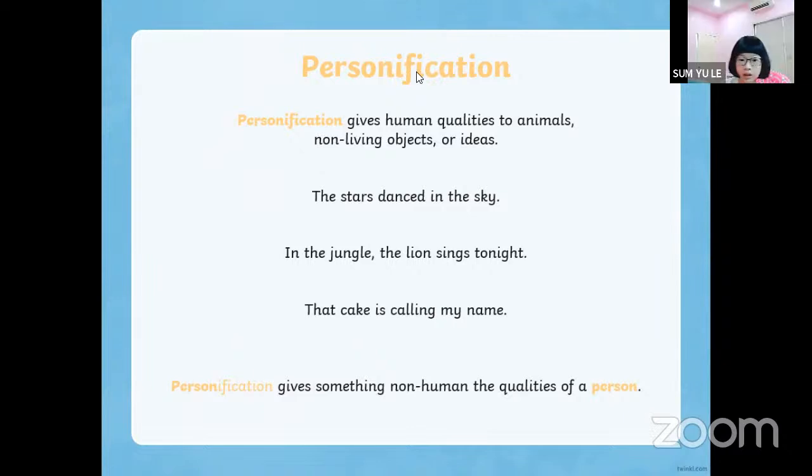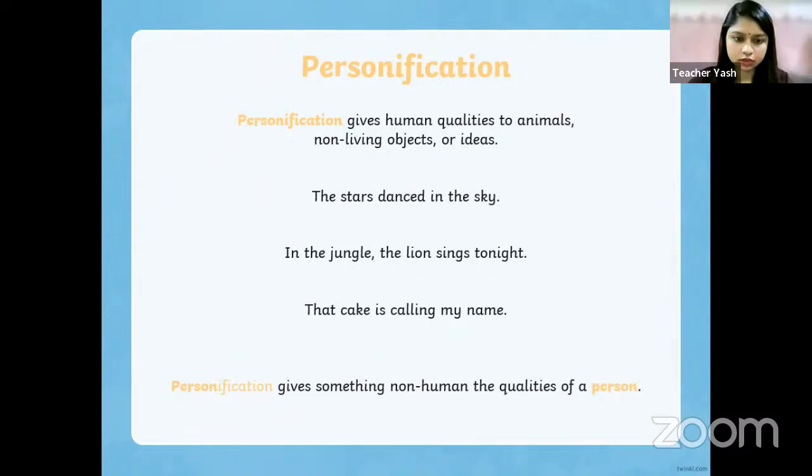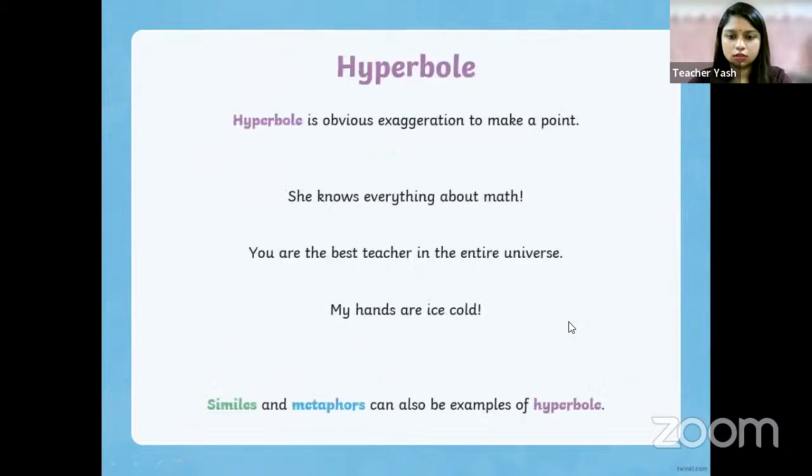Understand? Okay. So the meaning of personification is giving human qualities to objects and animals.